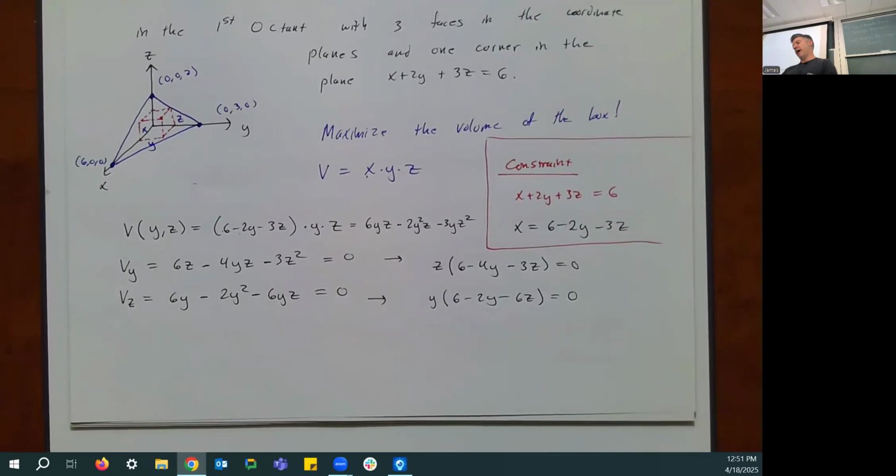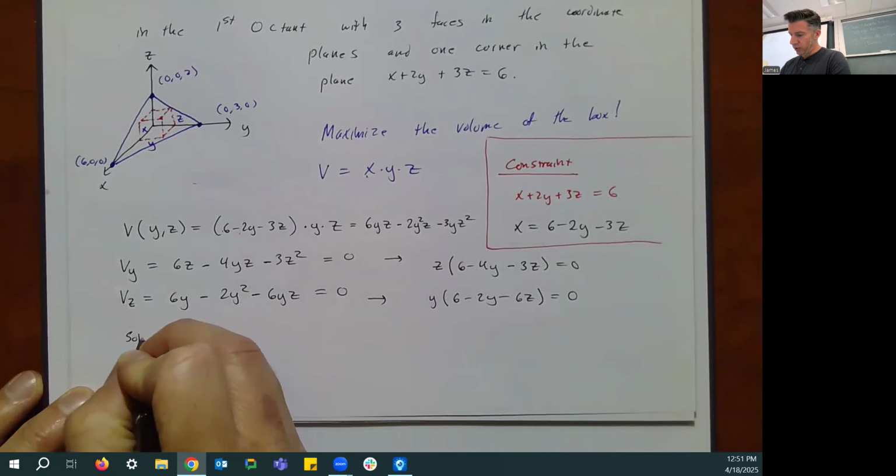So, bad news. There's going to be 4 critical points. Good news. 3 of them are going to be obviously not the right choice. Here's what I mean. One solution to this system of equations would be both z equal to 0 and y equal to 0.